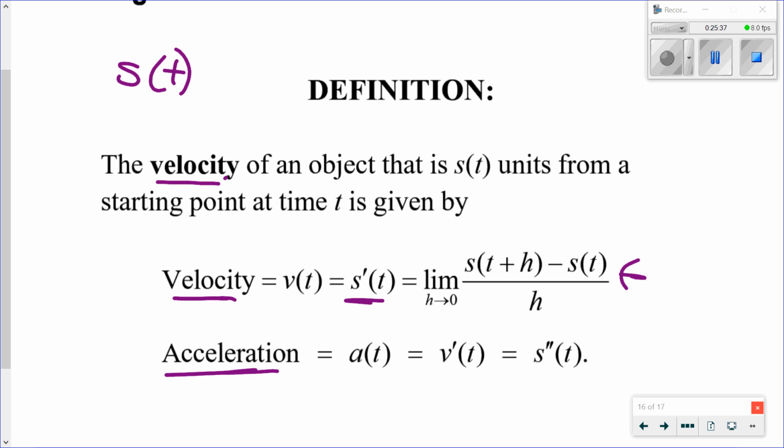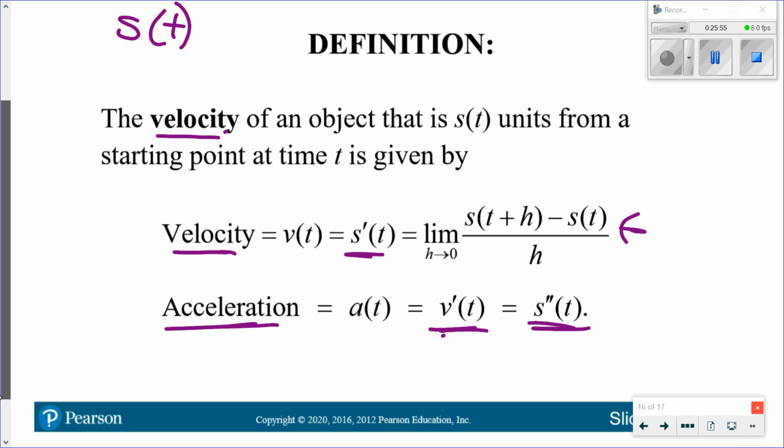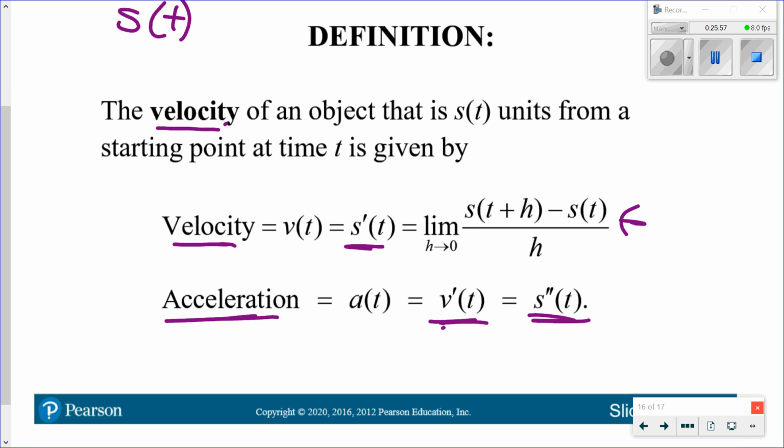So the speed at which I was traveling, my velocity, is changing. Okay, and that's my acceleration. So acceleration is how my velocity changes, or the second derivative of my position function. Okay, there is also a third derivative. It is called the jerk. So when you are accelerating and then you decelerate, right?